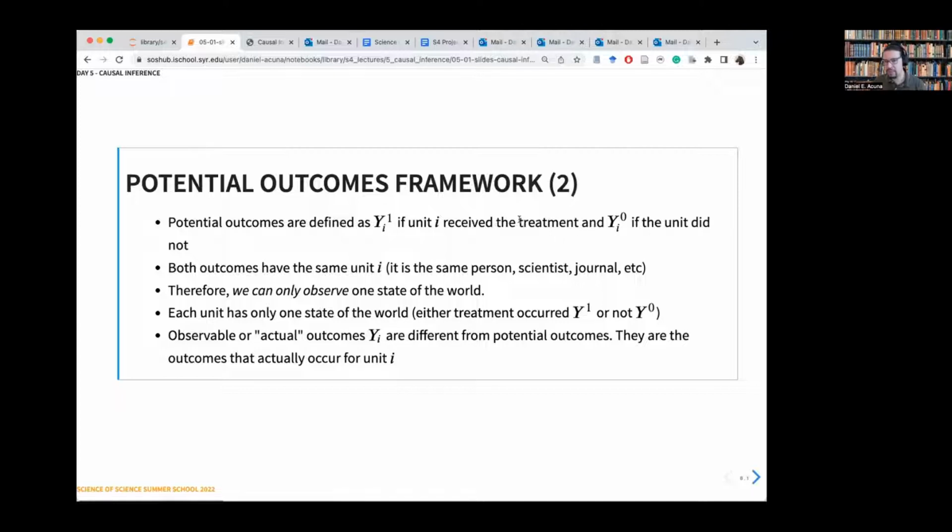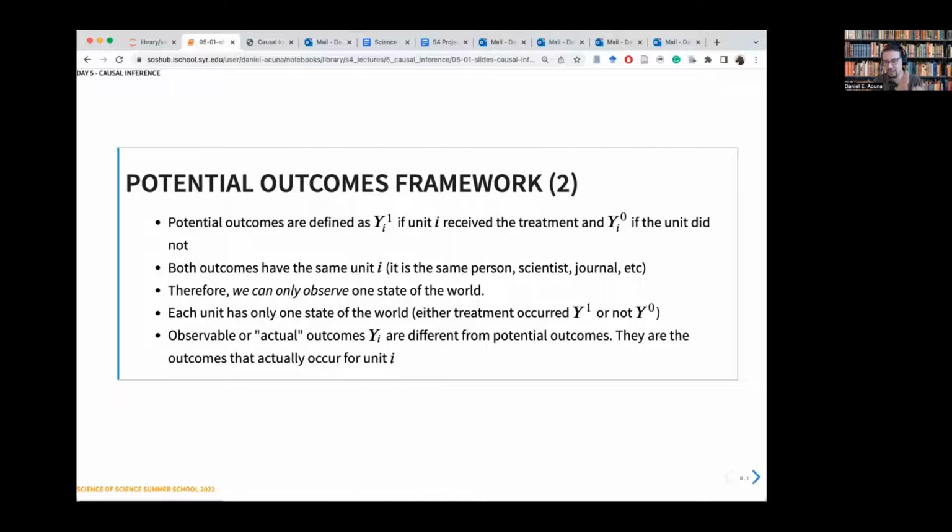The treatment is whatever we're interested in understanding. So it could be, let's say, how it affects the citations of a paper. You want to think about, okay, what is the factor that we need to change so that we change the citations of someone. So let's say the factor is, okay, we need to move into a new institution.